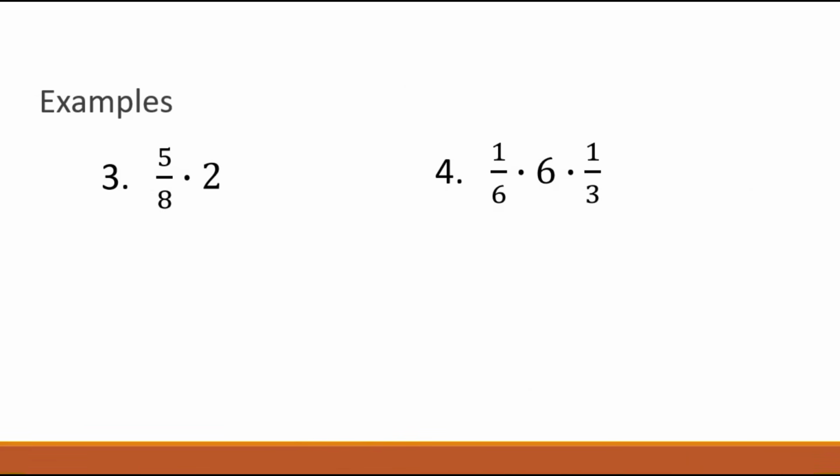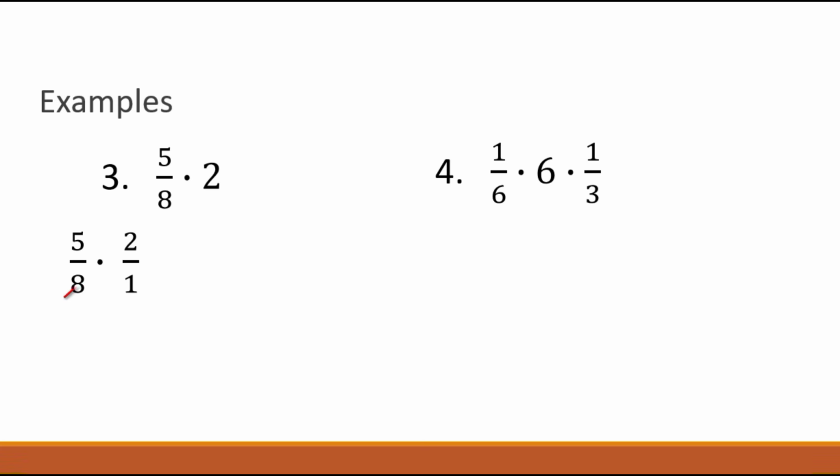Third example, let's multiply 5 over 8 by 2. So, 2 here is a whole number. And remember that every whole number has a denominator 1. Next, look for numbers that can be cancelled. So, for 5 and 1, we don't have a common factor other than 1. But for 8 and 2, we have a common factor. So, what is the GCF or the greatest common factor?